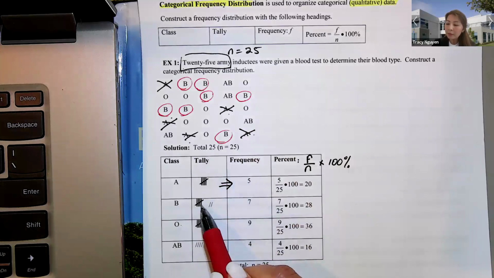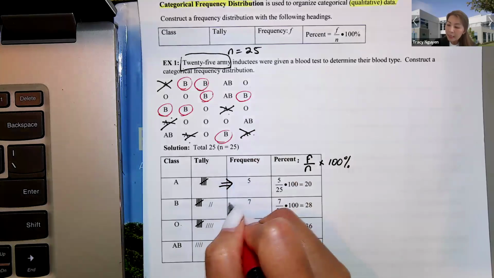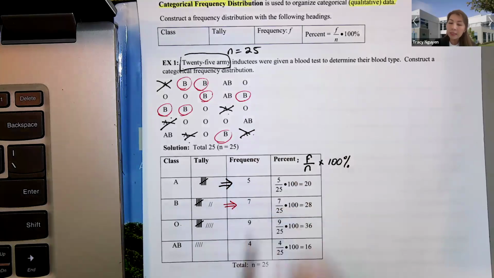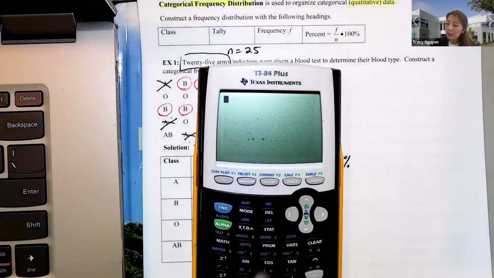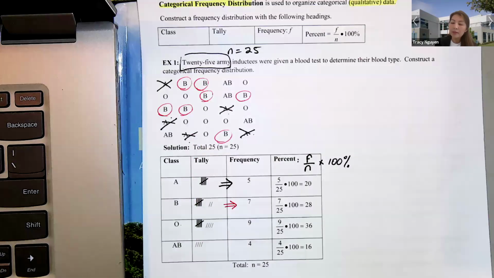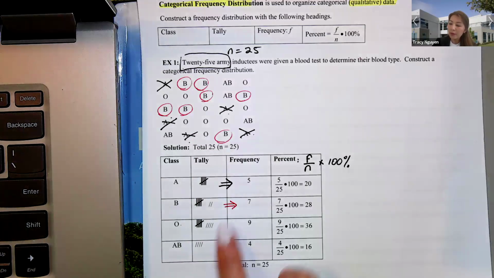So here we have 5 tally marks, and 2 more tally marks here. In the frequency, we say the numerical value of 7. Then we compute the percent. We take 7 divided by 25, which gives 0.28. We times this by 100, and we get 28%. Similarly, you're going to do the same for the Army inductees with blood type O and AB.